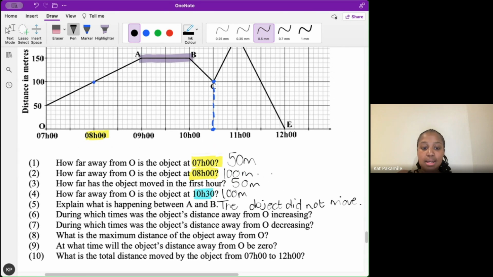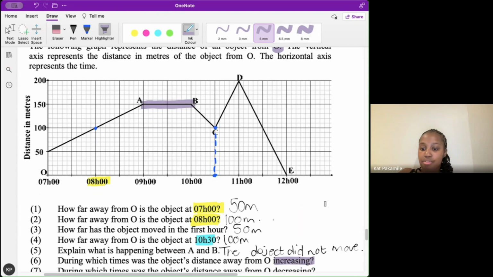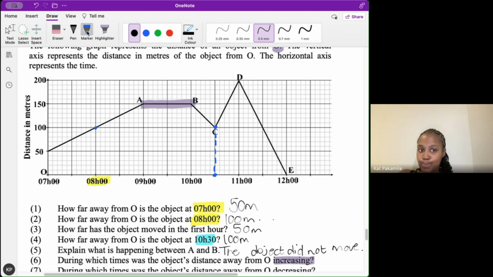During which times was the distance increasing? Okay, how do we know when a graph is increasing? During which times was it increasing? Let's look at the graph. What do we think? It's here, guys. When was this graph increasing?